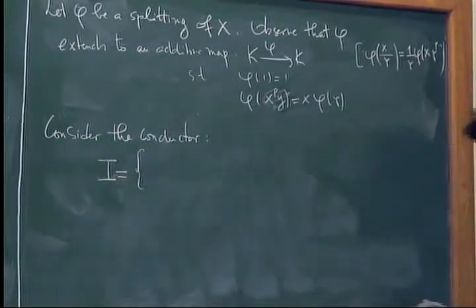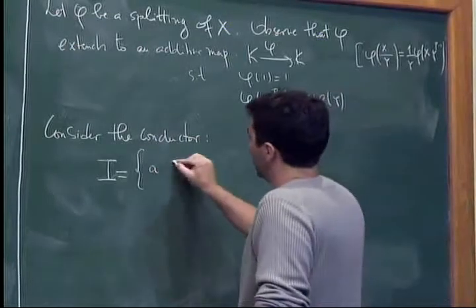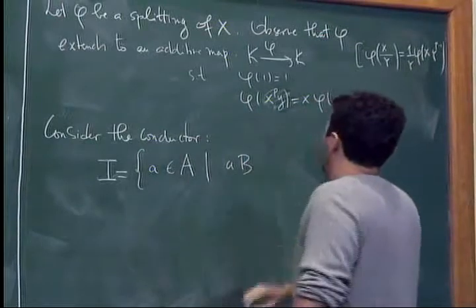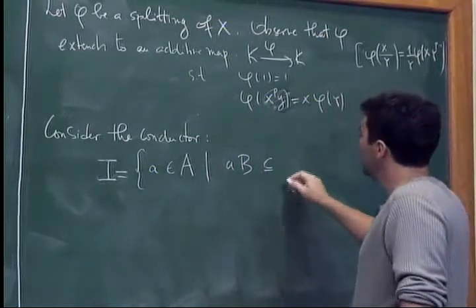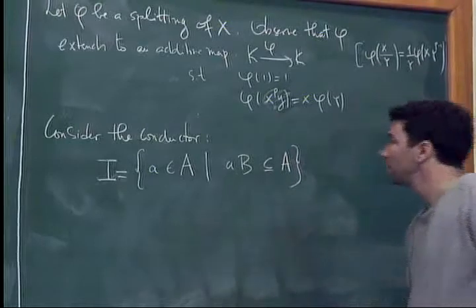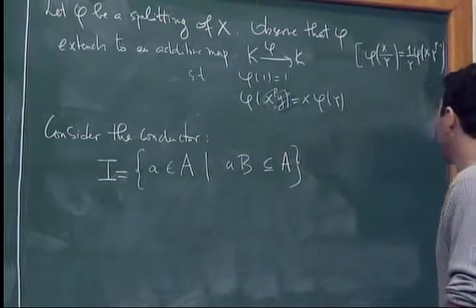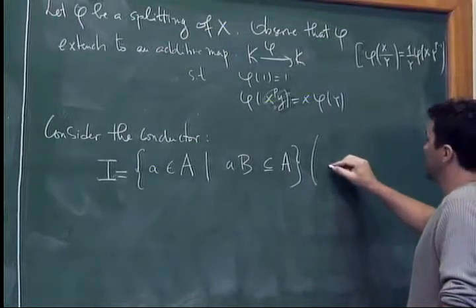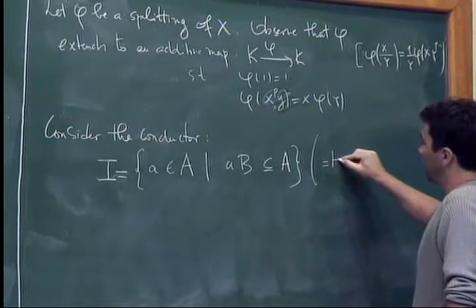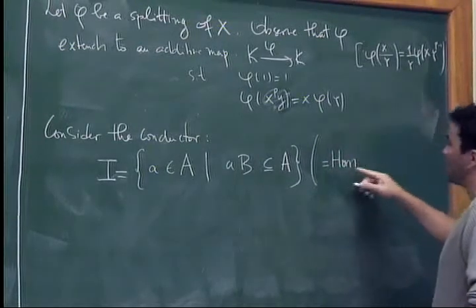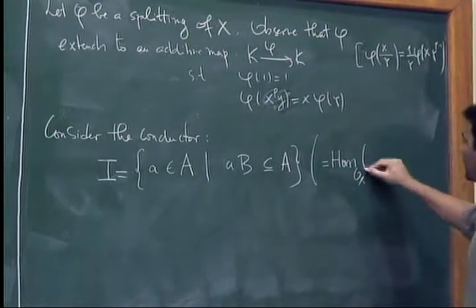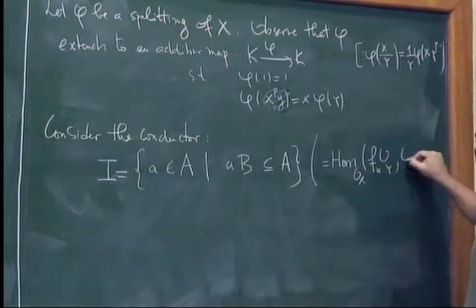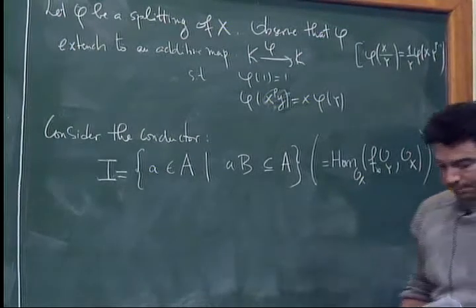This is the ideal of functions on X such that multiplication by such a function maps B into A. At the level of sheaves, this is exactly the sheaf Hom, O_X-linear, from the pushforward of O_Y to O_X.